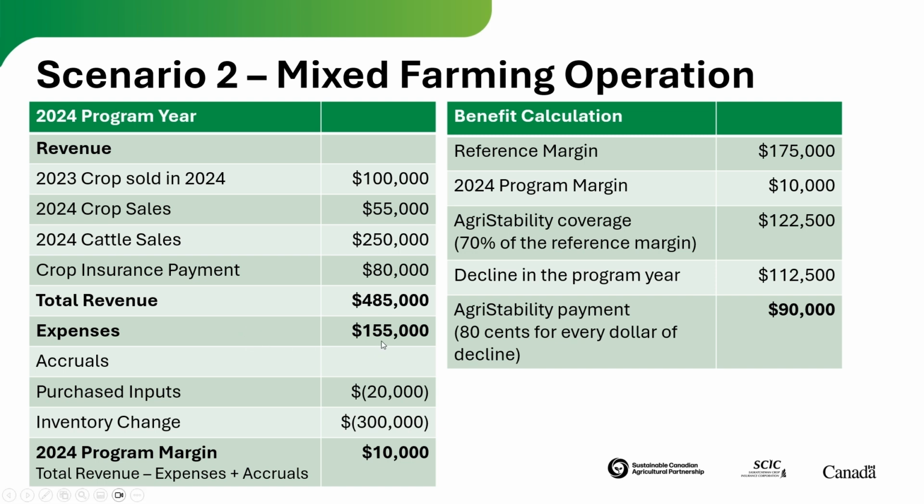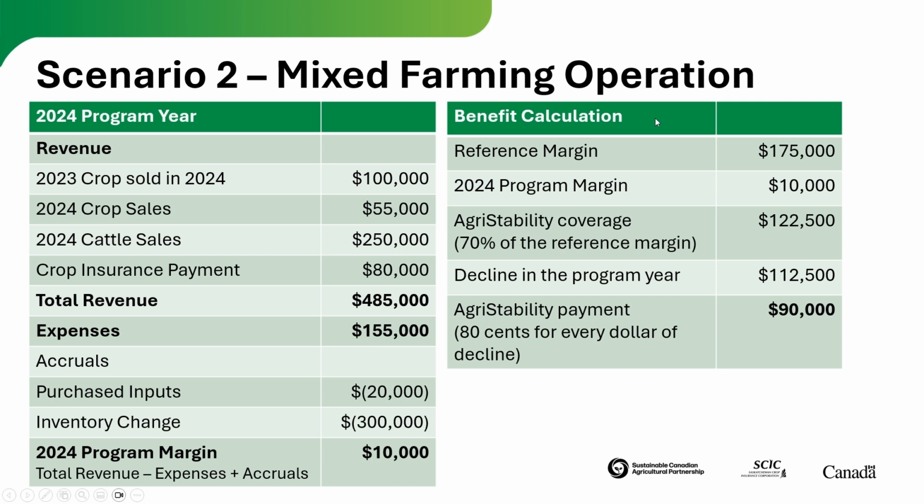Their expenses for their fiscal year were $155,000, and they had a couple accrual adjustments as well. Their purchased inputs were down by $20,000, and there was that large change in inventory valuation of $300,000. So their 2024 program margin calculates out at $10,000. Total revenue minus the expenses plus the accrual adjustments.